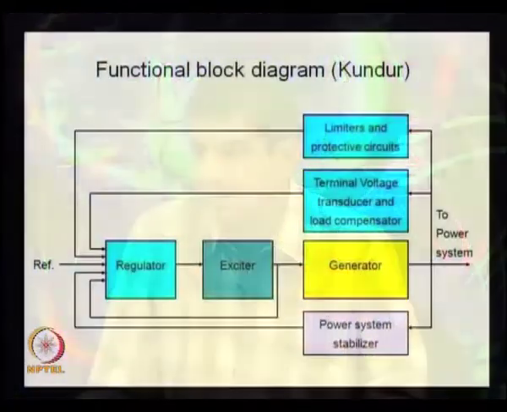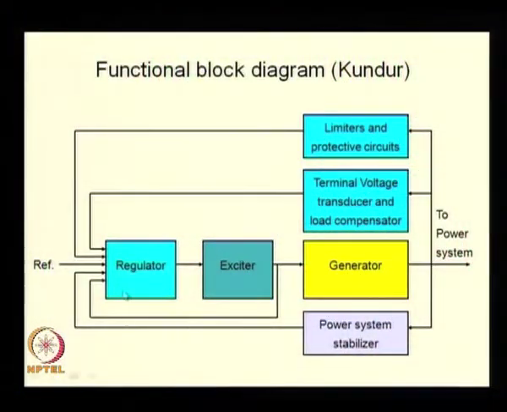This is shown in a functional block diagram here, you can pay attention to that. There is a regulator. A regulator is something which tries to bring, in this case, the voltage near or equal to a set point value, which is called the reference value.